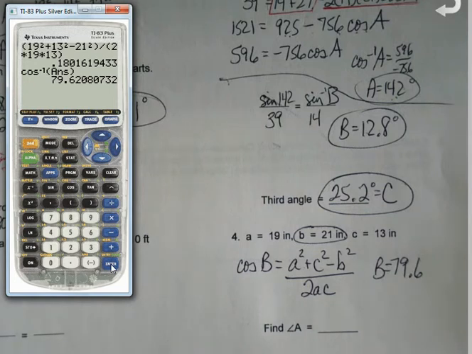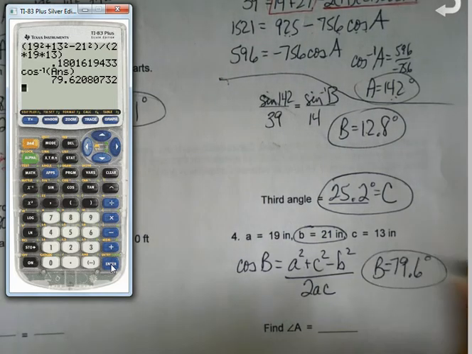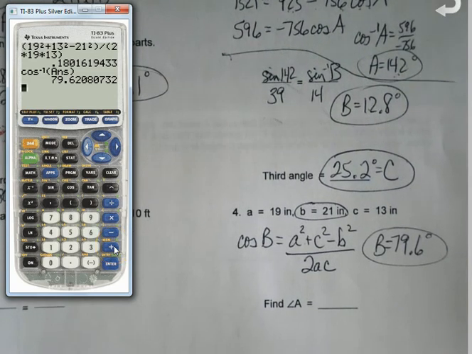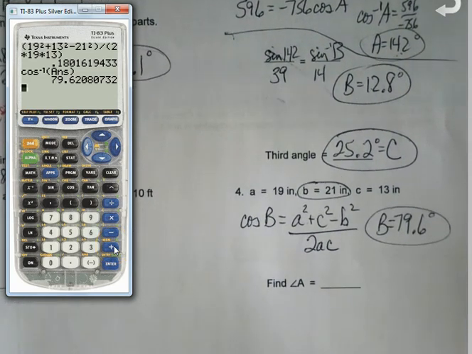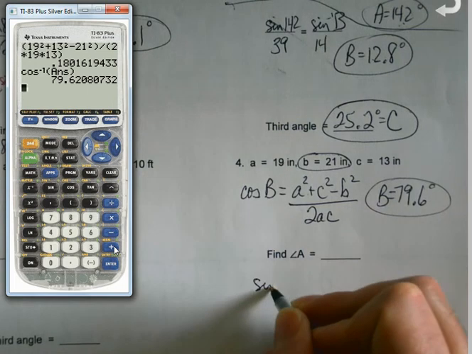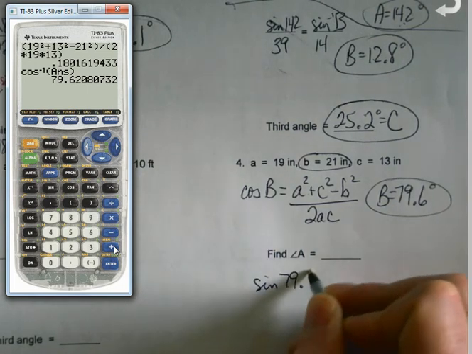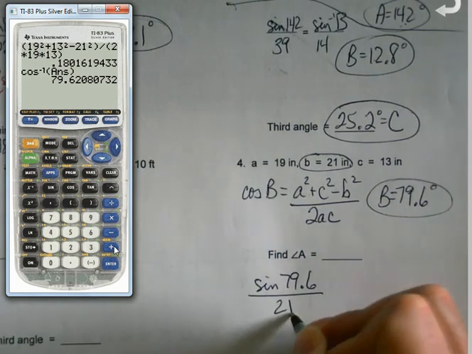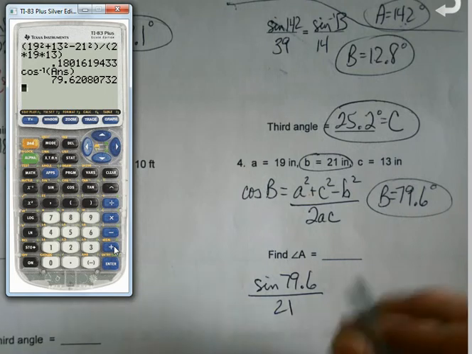Now some of you may say, if I'm not looking for all the angles, could I get away with going ahead and finding A first? Well, we might have to see in a minute here. Because now that I have B, I've got my corresponding side and angle.